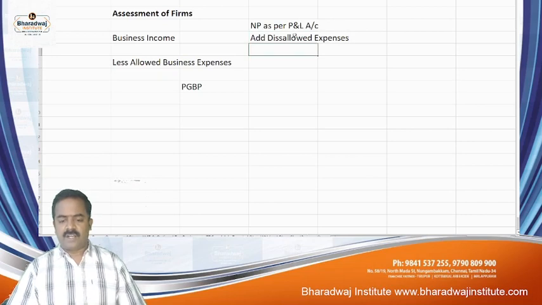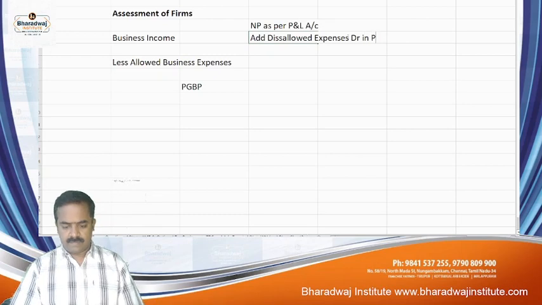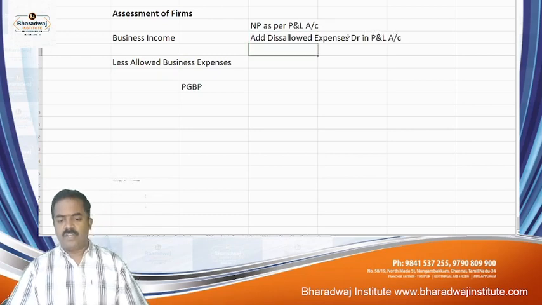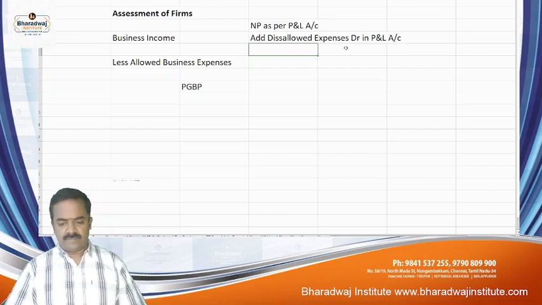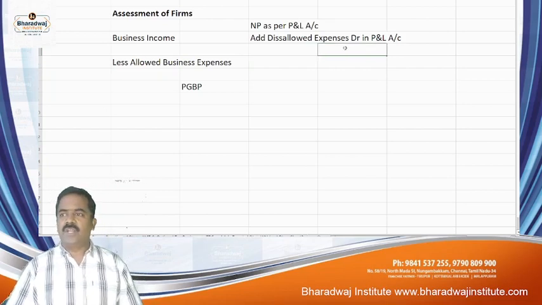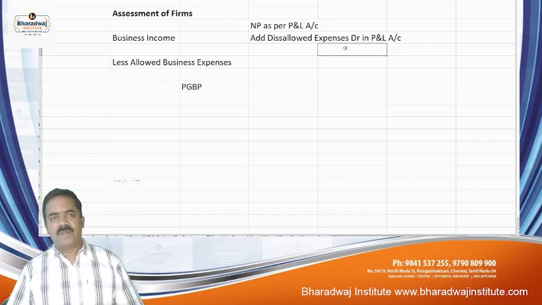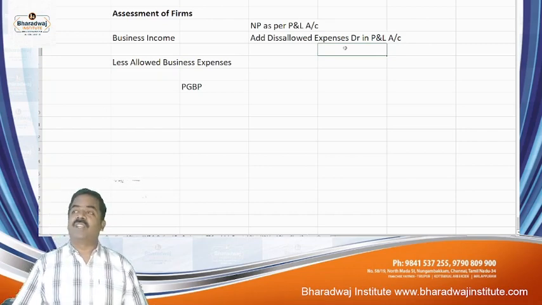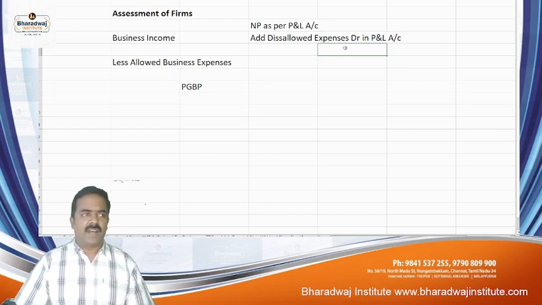Disallowed expenses which are debited in P&L account. Can you give me some examples of disallowed expenses which are debited in P&L account? Penalties paid, donations given, cash expenses more than 10,000, payment to relatives more than the fair market value. If you find any disallowed expenses, you will add back.